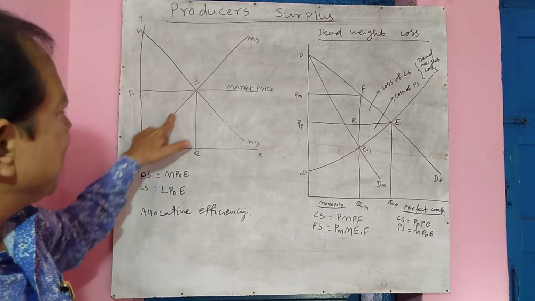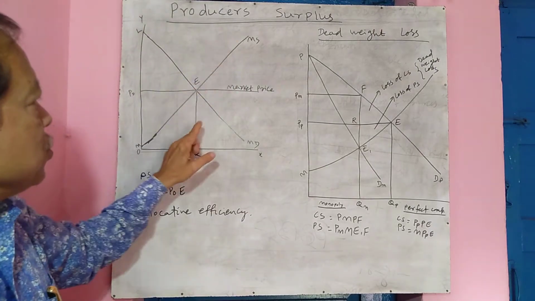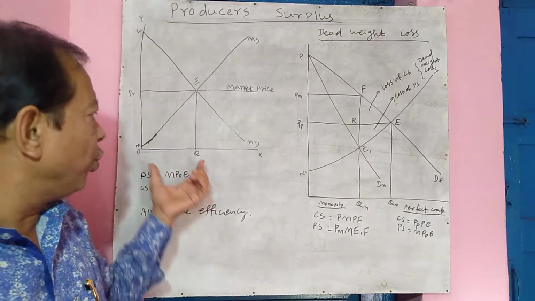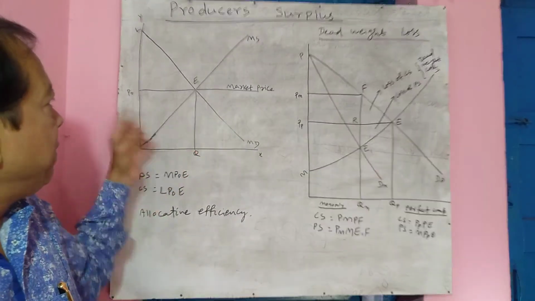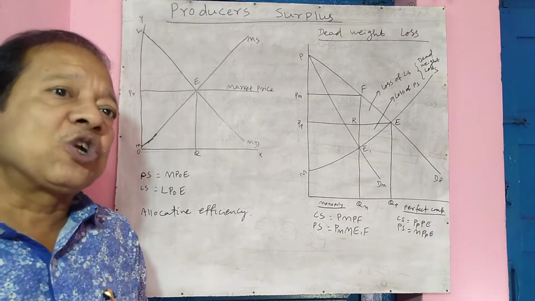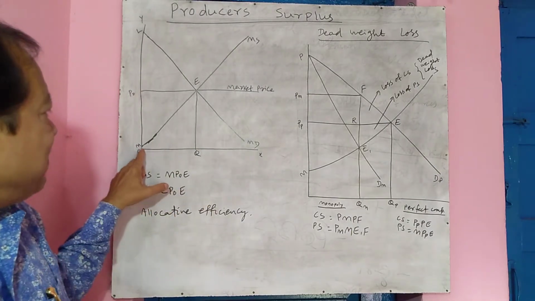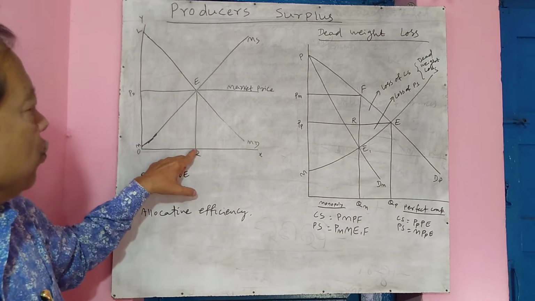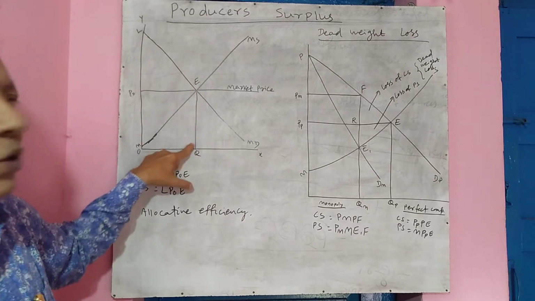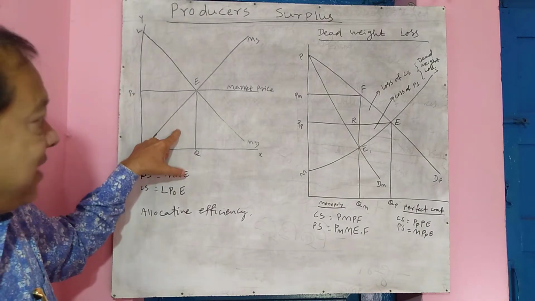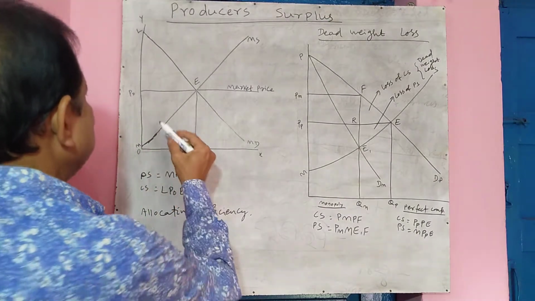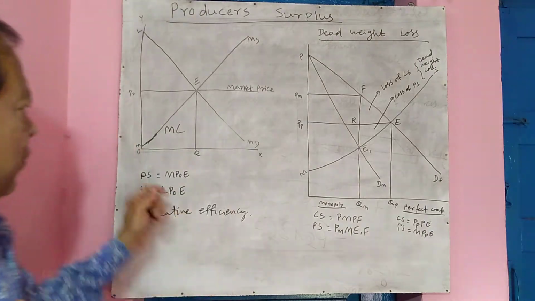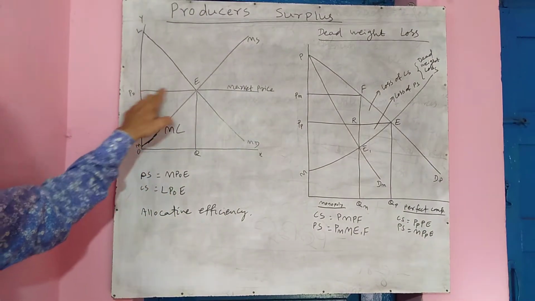So to sell OQ amount of goods, what is his total marginal cost? His total marginal cost is equal to MEQ.